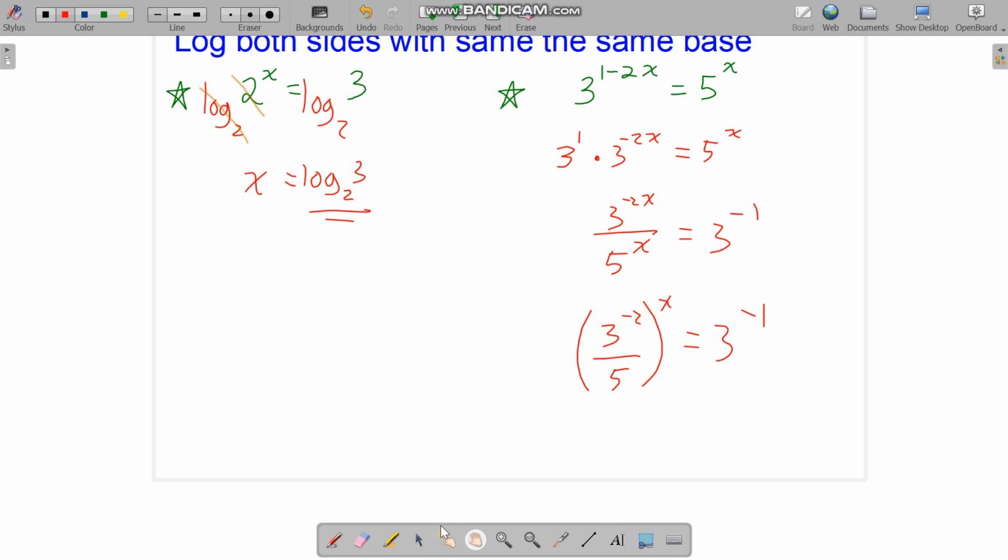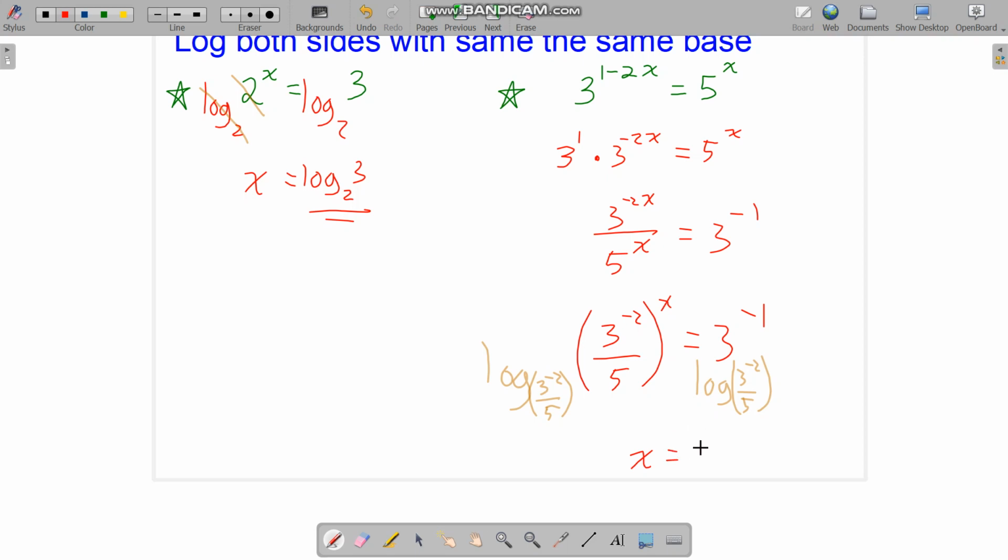And now we log both sides, so the base must be 3 to the power of minus 2 over 5, of course. On the right we also log base 3 to the power of minus 2 over 5, and therefore they cancel out, and we have the final answer.